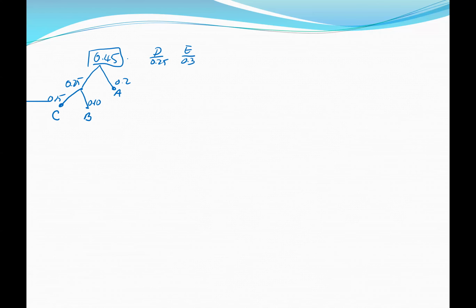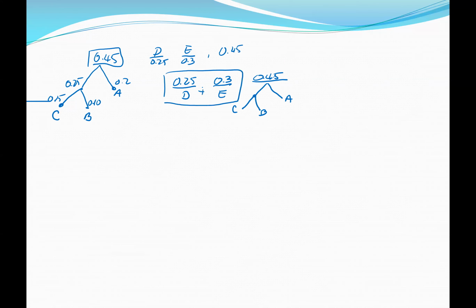So now you can see here when you compare that, this guy will be 0.45. Yes. So now you have 0.25, which is D, and then 0.3, which is E, and then 0.45, which contains those over there, C, B, and A. So now you get the next 2 because that's the next one in the list.